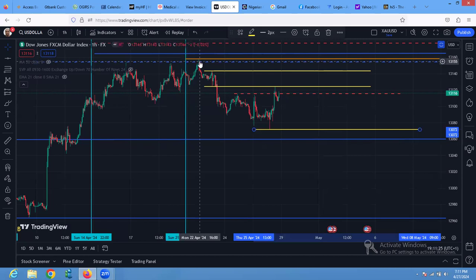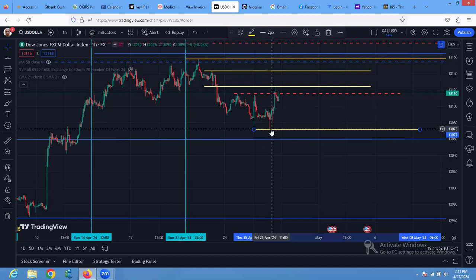Though this now looks like the first impulse of a 1 and a 2, a 3, a 4, and a 5 to the downside here. So we might be seeing this going up as a correction to this wave, which is the first wave. And we know that most of the time, the first wave, which is the beginning of a change of trend, usually looks very corrective.